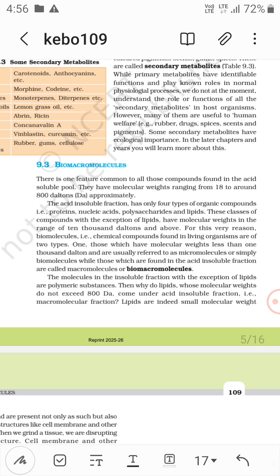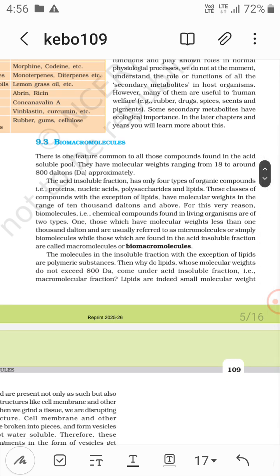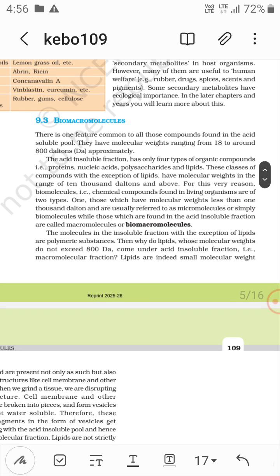Then the acid insoluble fraction has only four types of organic compounds: proteins, nucleic acids, polysaccharides, and lipids. These classes of compounds, with the exception of lipids, have molecular weight in the range of 10,000 Daltons and above. The molecules in the insoluble fraction, with the exception of lipids, are polymeric substances.